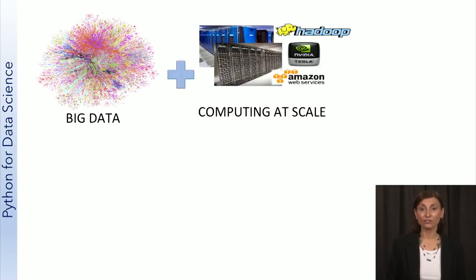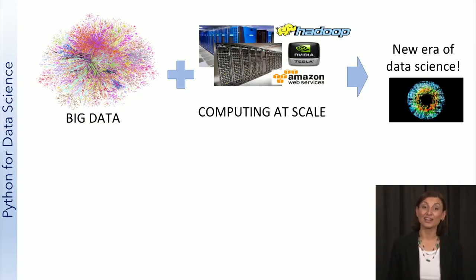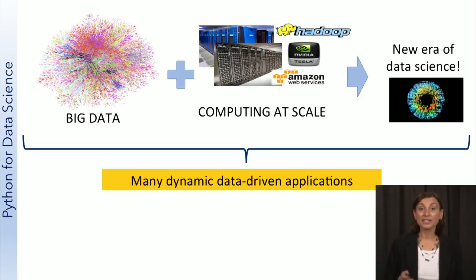This data growth, combined with the advances in storage, networking, and computing at scale, has brought us to a new era of data science. Many dynamic data-driven applications in this new era build upon data-driven predictions to support decisions, just like the Amazon book prediction example we discussed.